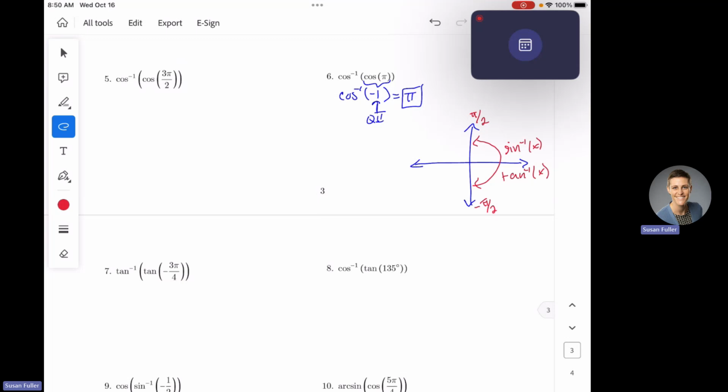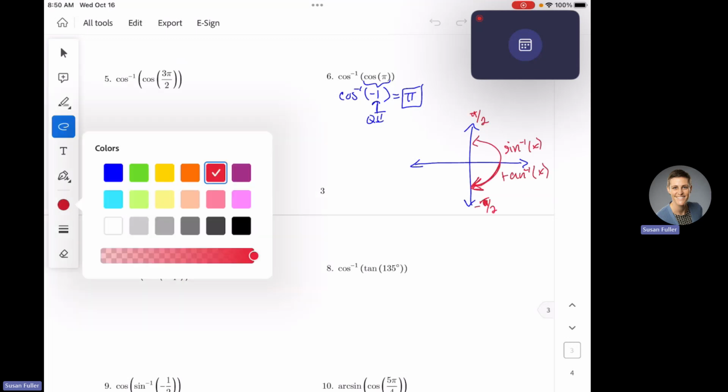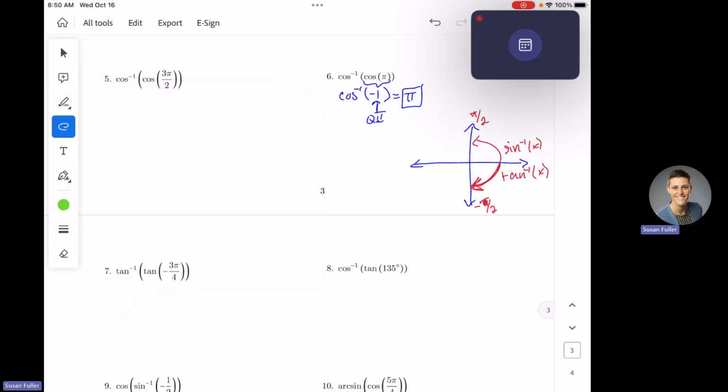And again, old guys a long time ago stuck us with this negative pi over 2 to positive pi over 2, which means in this quadrant 4 down here, we need to use negatively rotating angles, just because that's the standard that they set for us. And then arc cosine, or inverse cosine, is a little bit different.